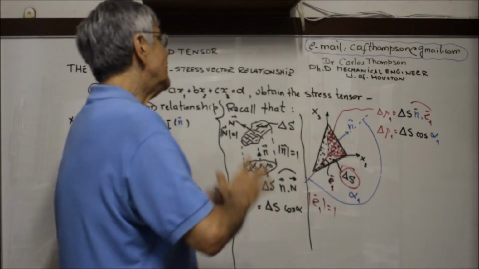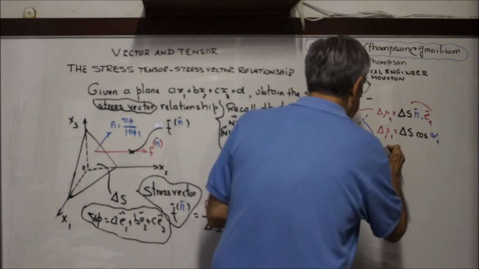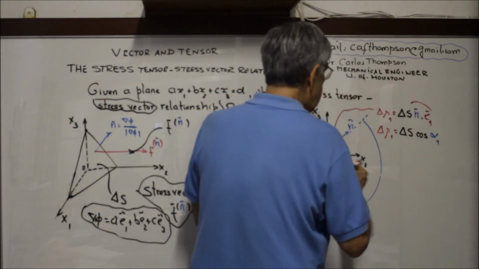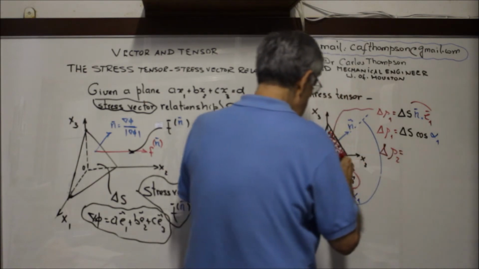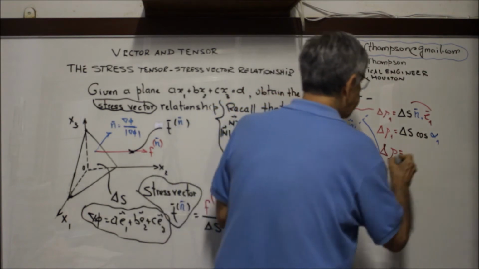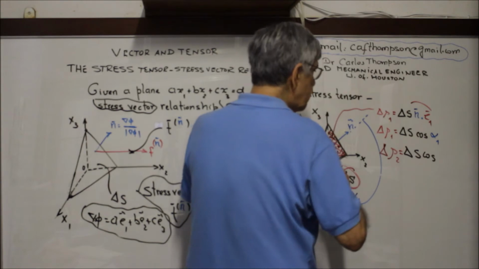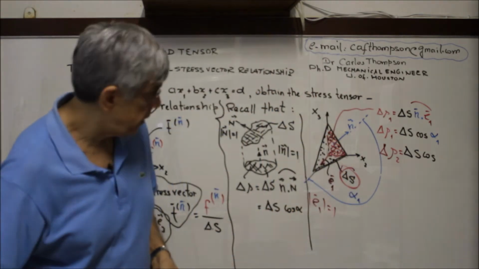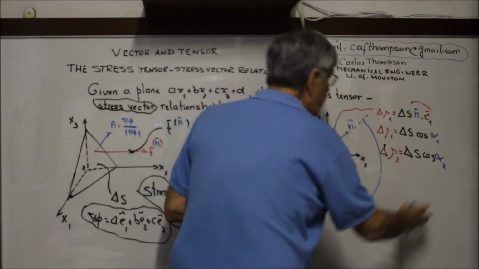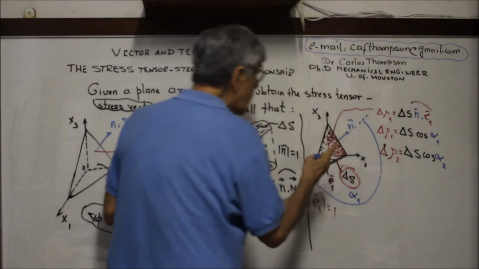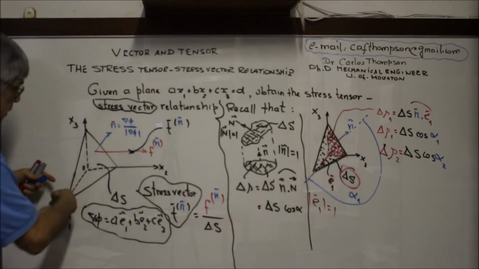Now we can do the same. Delta S2 is equal to delta S cosine of alpha 2, that's the blue one here. What is alpha 2? Alpha 1 is the angle between n and E1.